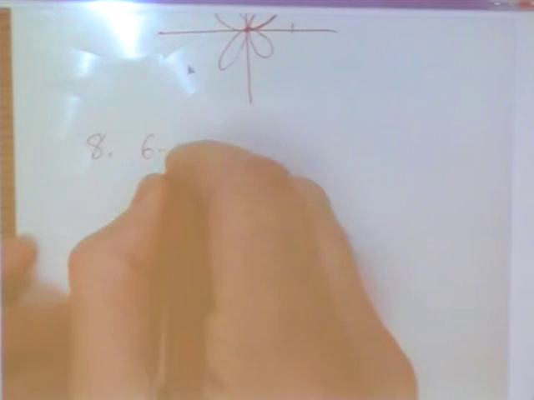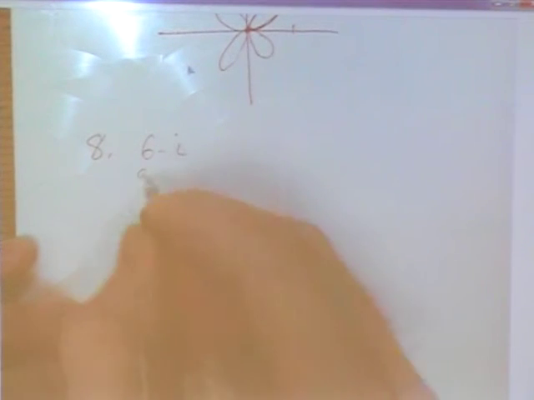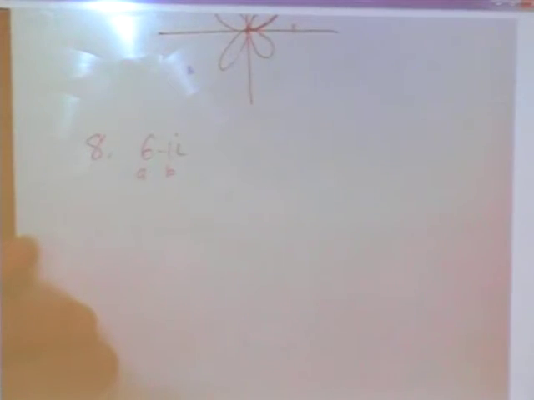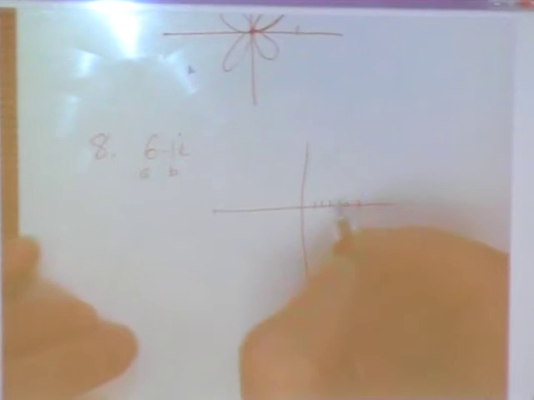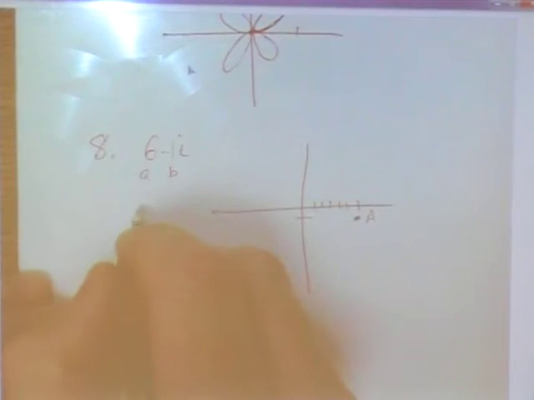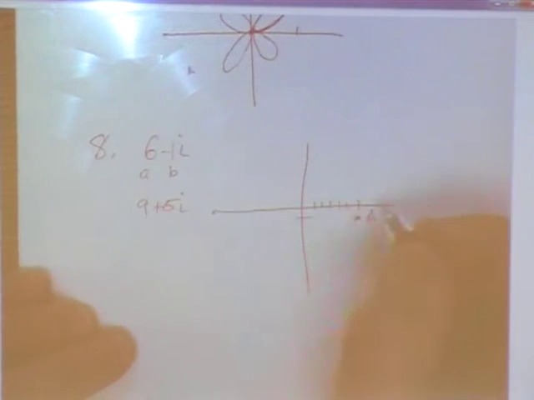Number 8, almost everybody got this right. 6 minus i. A is 6 and B is -1. B is the coefficient on the i. So 1, 2, 3, 4, 5, 6, -1. That was A. B was at 9 plus 5i. Again, A is 9, B is 5. So 7, 8, 9. 1, 2, 3, 4, 5.